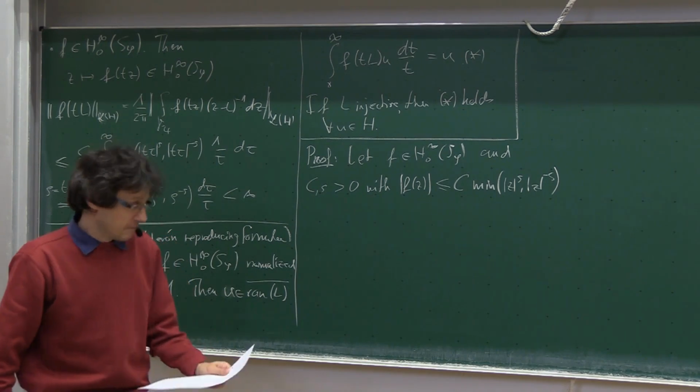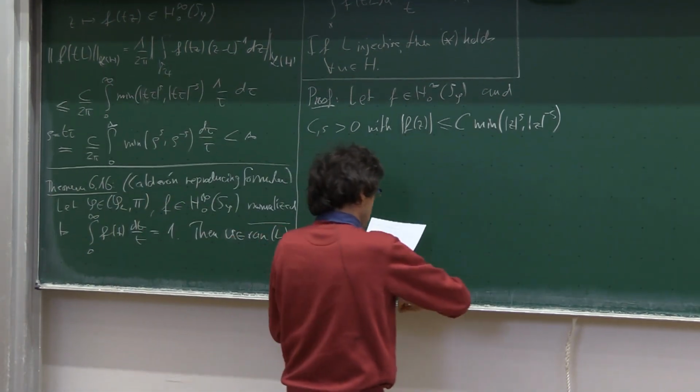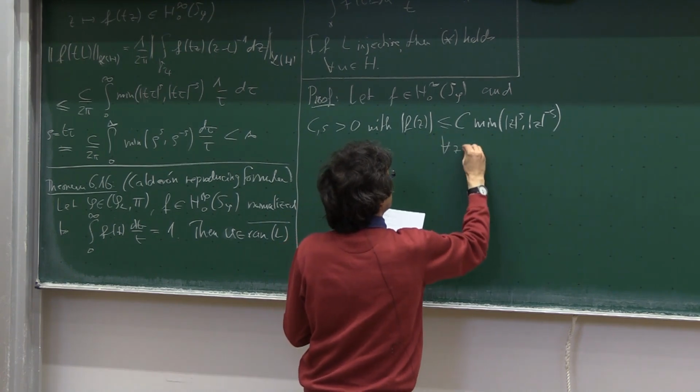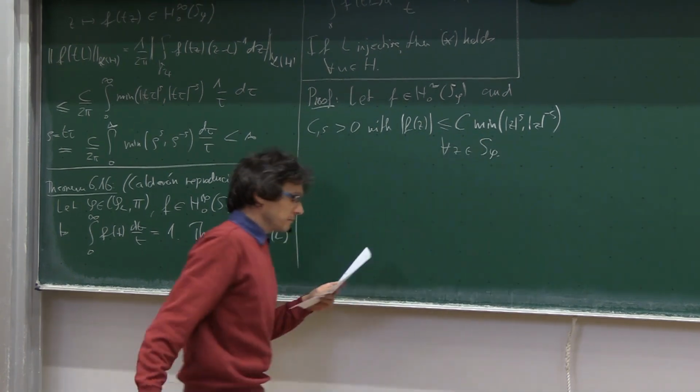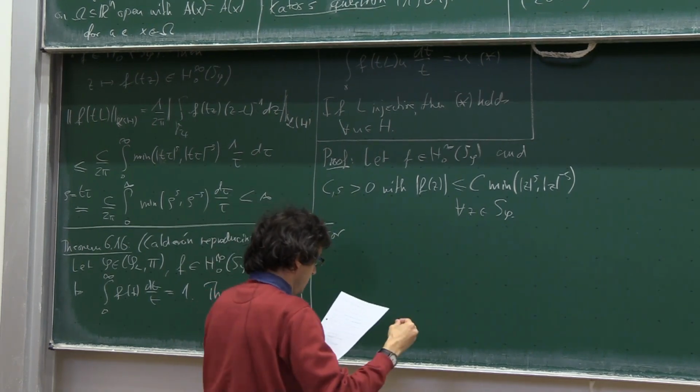So this is the usual estimate for H0 infinity functions, and this should hold for all z in our sector.